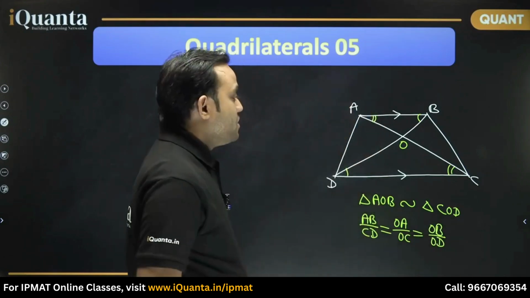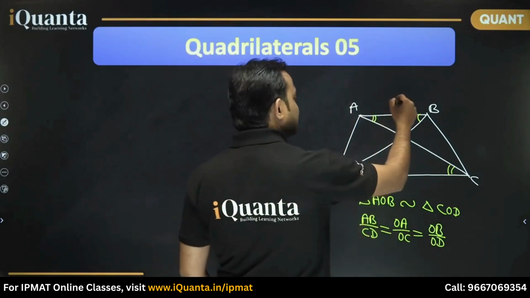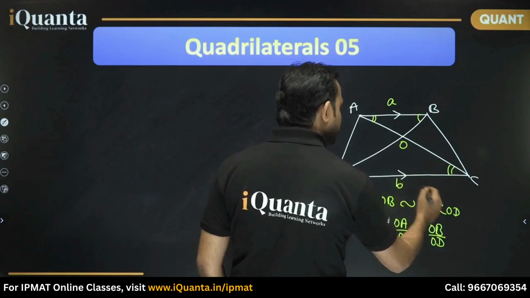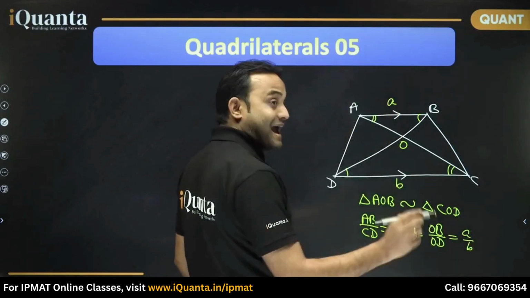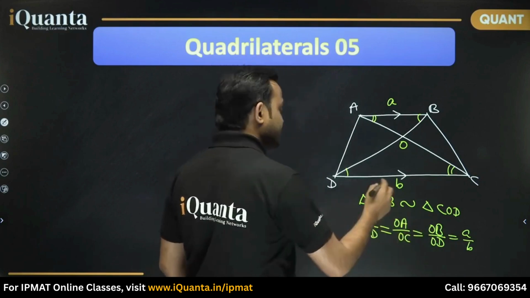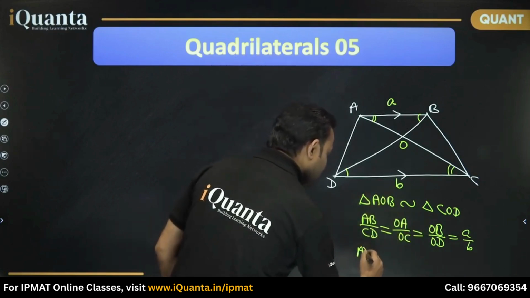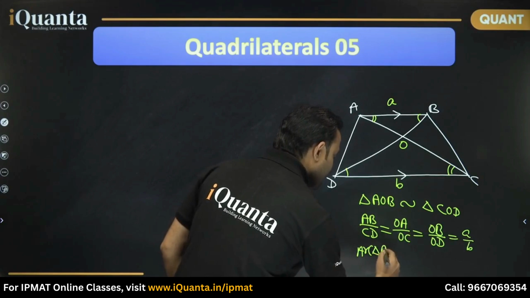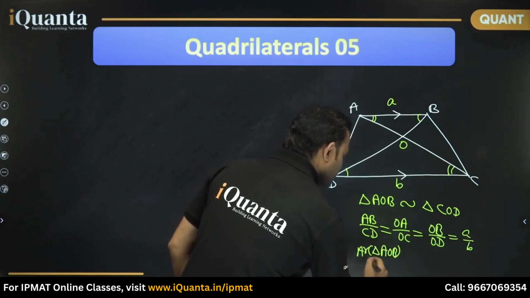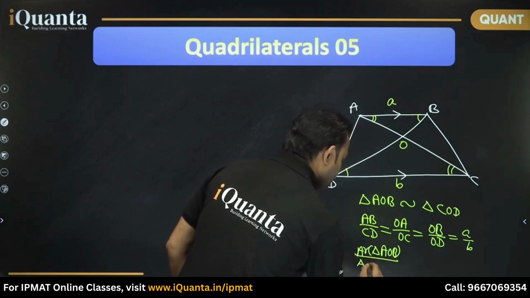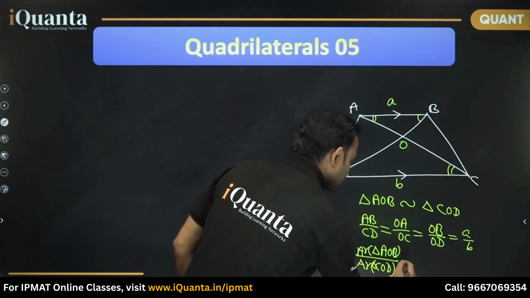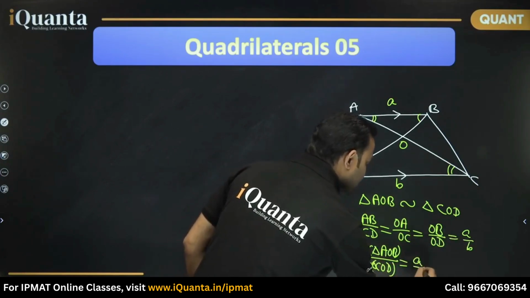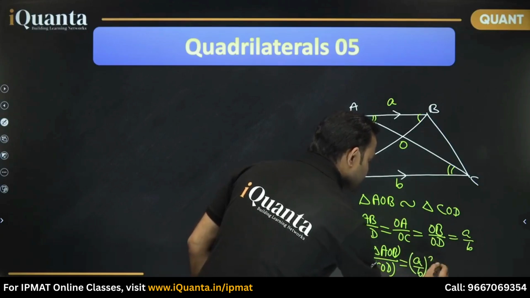Okay. So let's say this side length is A, this side length is B, so this ratio will be equal to A by B. And in that case, we can also say that the ratio of the area of triangle AOB divided by the area of triangle COD will be equal to the square of the ratio of corresponding side lengths.